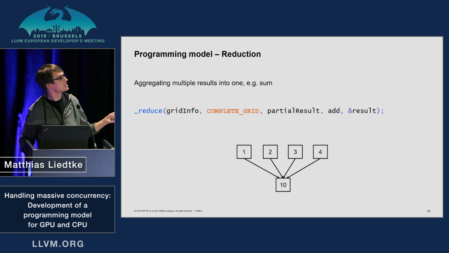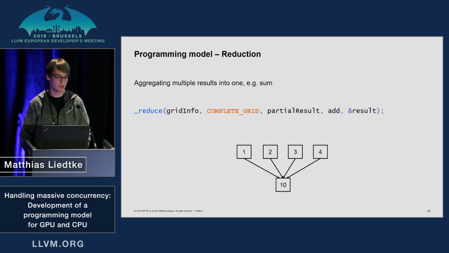For example, for this add, we need an atomic add if we want to reduce more than one warp, because otherwise you would have to handle synchronization, and the atomic helps you because it provides a lot of performance while still being able to reduce it.